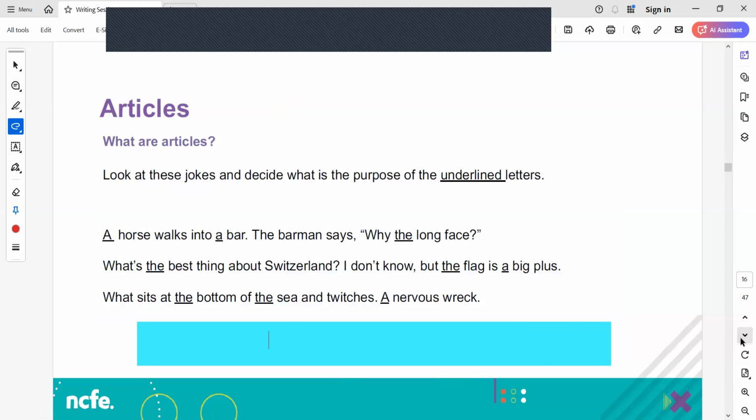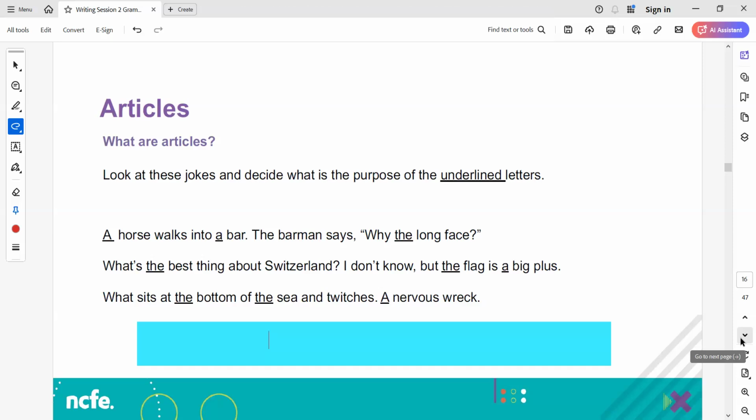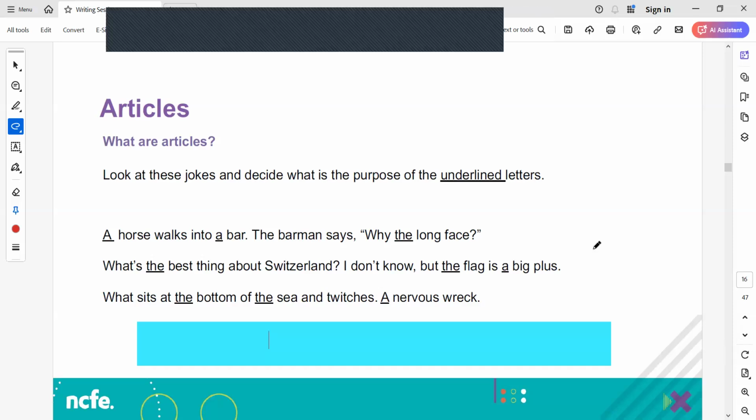Okay, so we're going to move on now and look at articles, and not articles as a text, because obviously we can have magazine and newspaper articles, but we're looking at articles as part of the grammar that we use. So let's have a look at these jokes, these sentences, and decide what the purpose is of the underlined words.